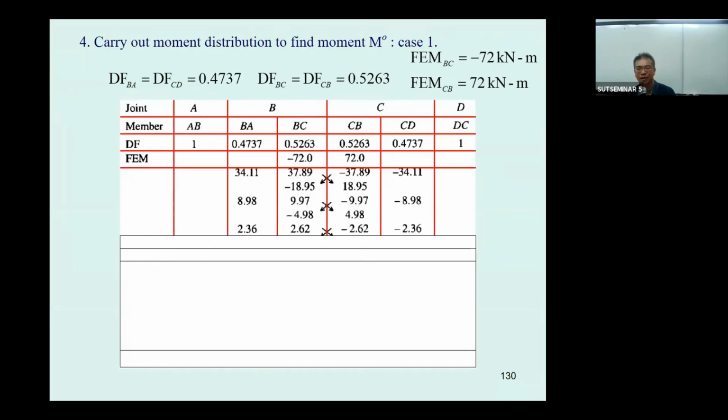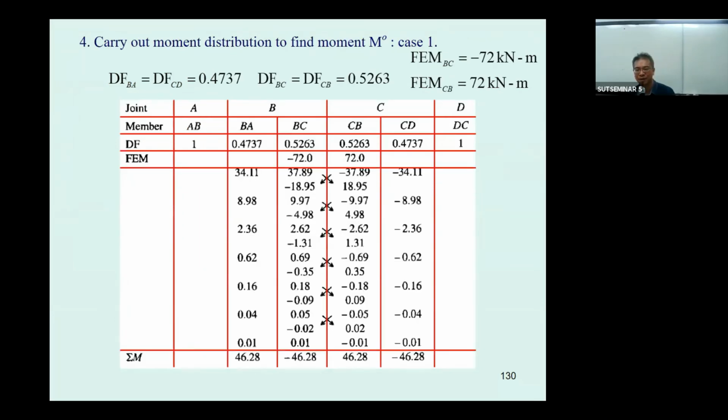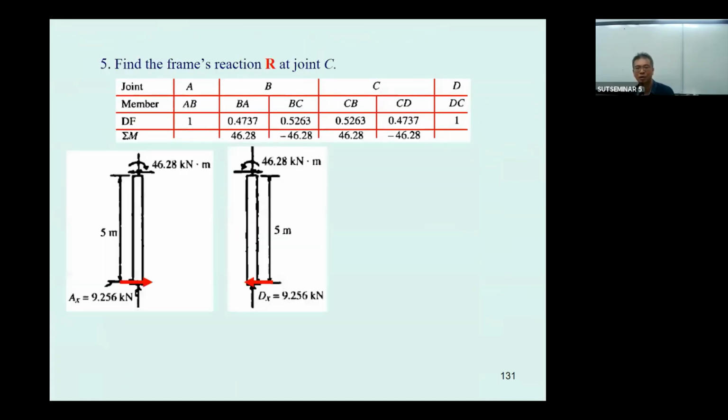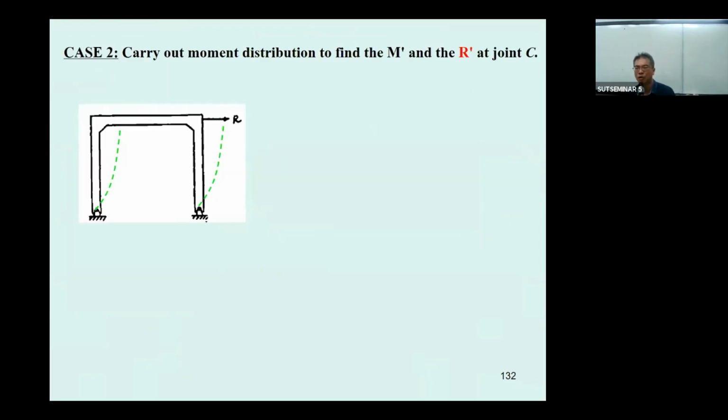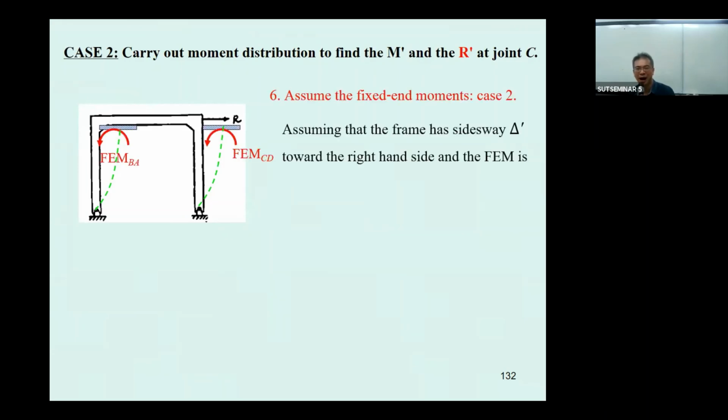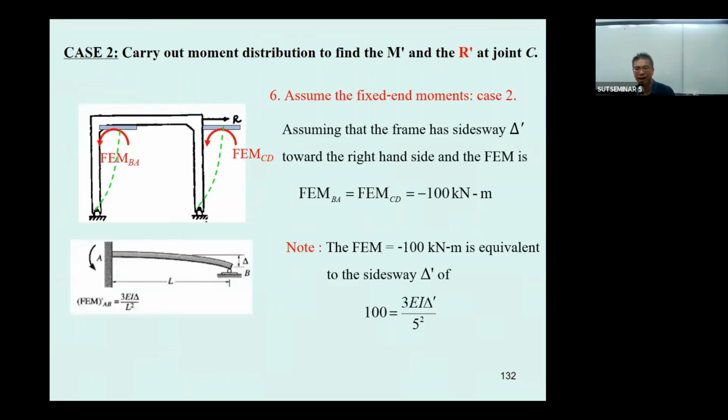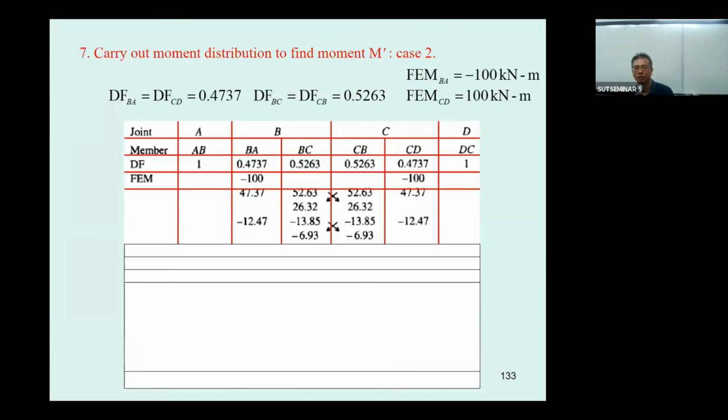Okay, so what we have from the table, the same thing, and then you compute to get this R to be 60, and then you come to set the fixed end moment for this one to be 100 negative. Then you can compute for the delta part if you like. This is assumed. Assume delta part is not correct yet, and then you put everything into your table.